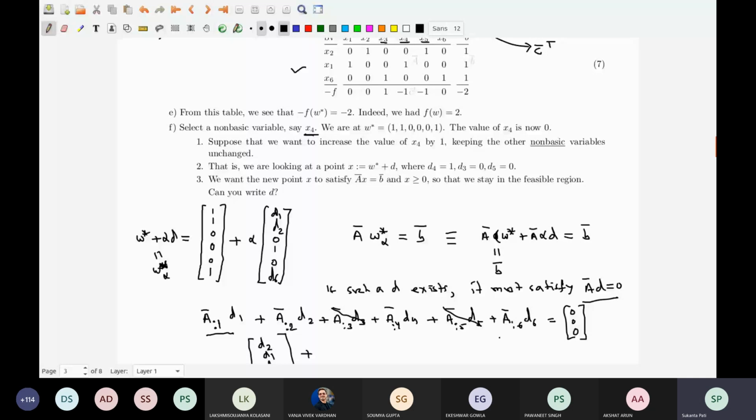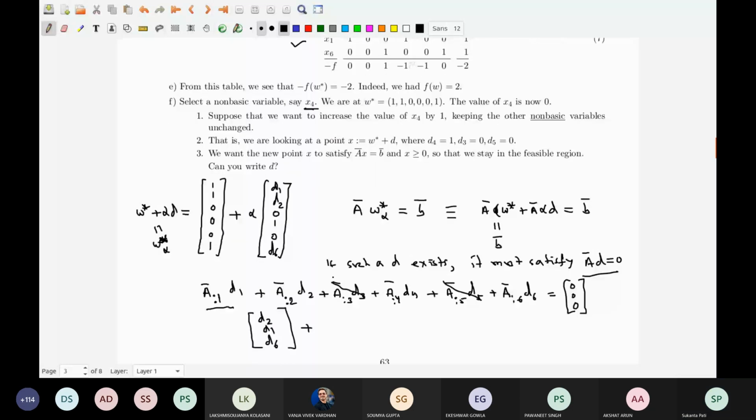Now whatever the fourth column is, the fourth entry of D I have deliberately kept 1. So therefore, this will be minus the fourth column of A bar.